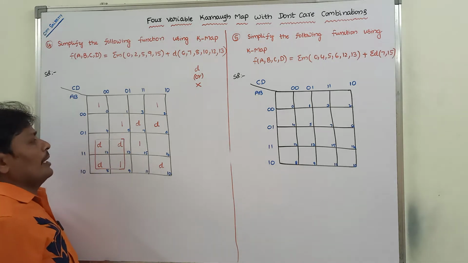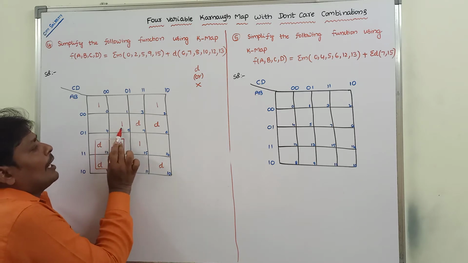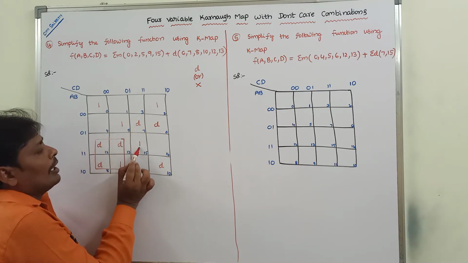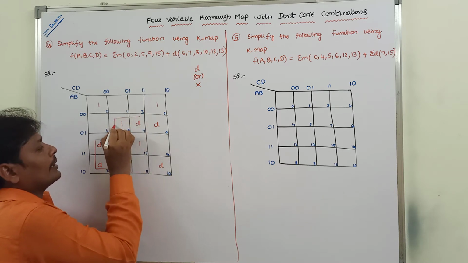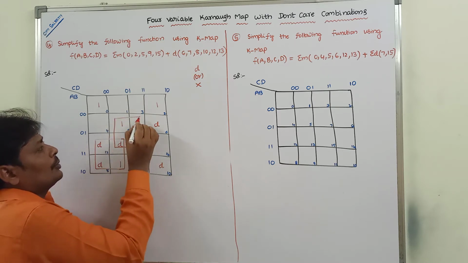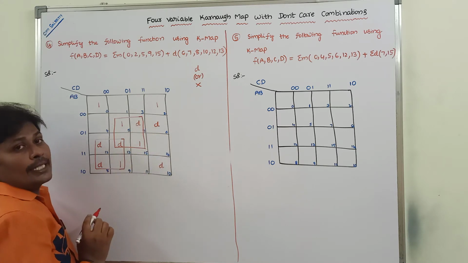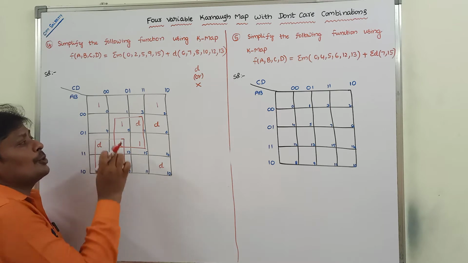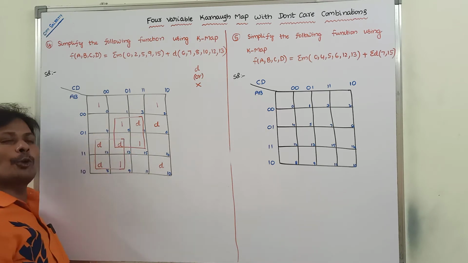Next one: here 1 don't care, 1 don't care, 1. Among these 4 adjacents, 2 ones and 2 don't cares can be formed as a quad.